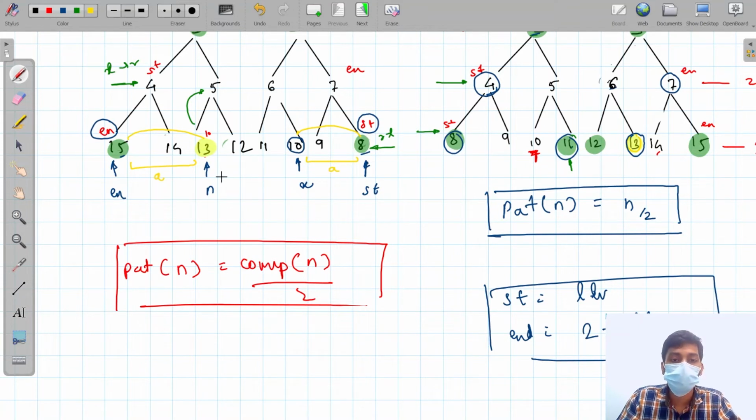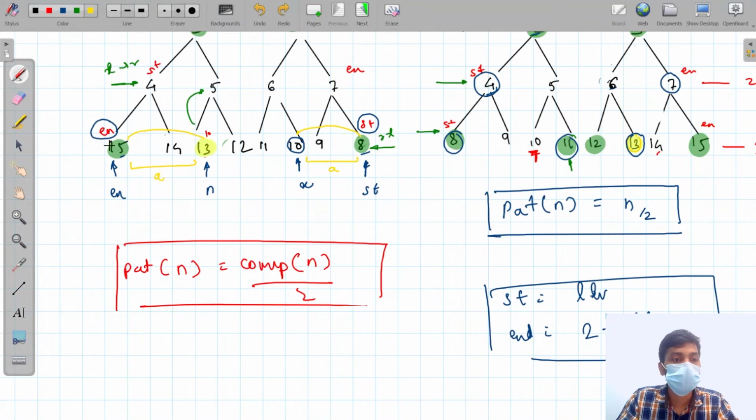Which means these two distances are going to be the same. If we take this 14 as n, then its complement is going to be 9, and the distance between these two is 1, so these two distances are equal. I hope this distance thing is clear to you all.